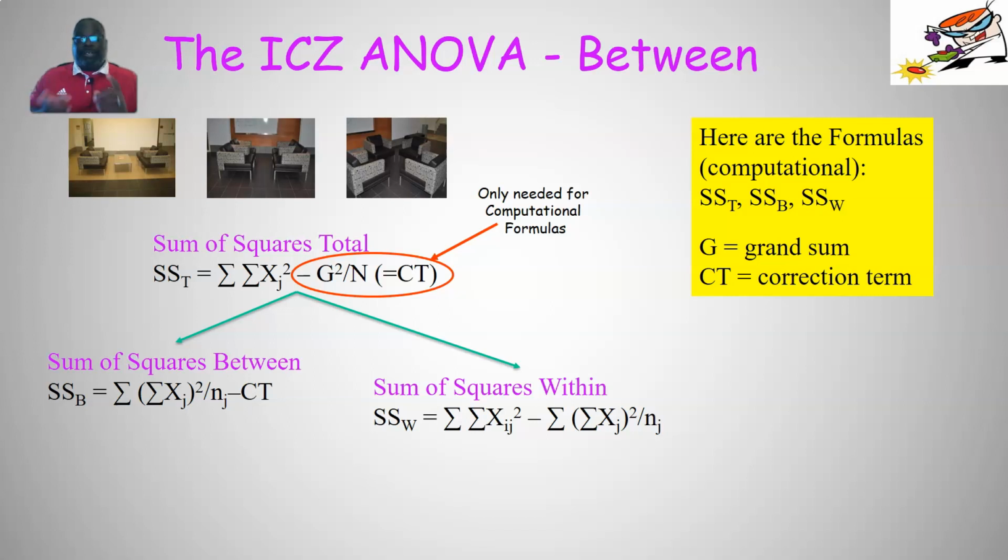Now, the way this is going to work is a little bit backwards, because this term is going to end up being kind of our mean value, our center value, and this is the deviations from that. So again, remember that sum of squared deviations from some score. That's what this refers to.